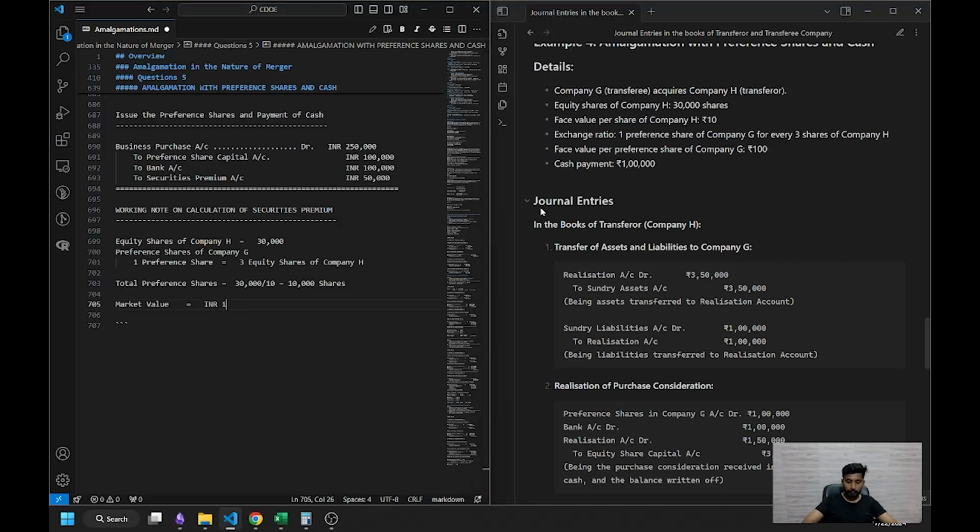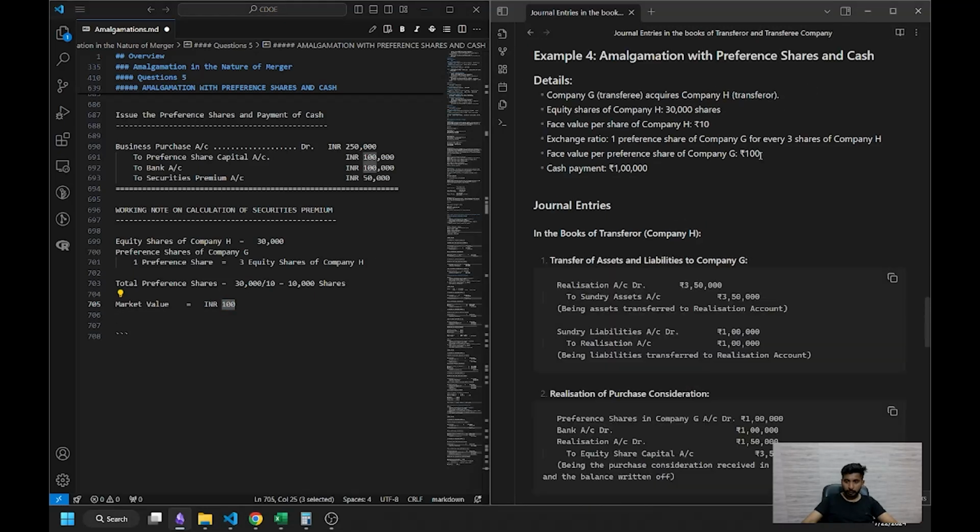Let us just change it in this question. The face value of the preference shares is 1 lakh. And the equity shares are rupees 30,000, out of which 1 for 3.